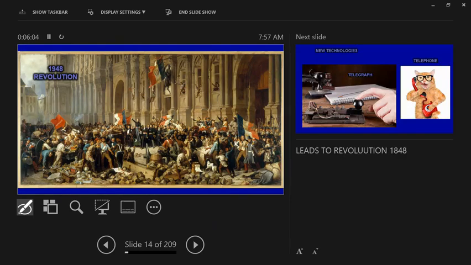Also, we have lots of revolutions. We talked about the French Revolution of 1793. We talked about the French Revolution of 1830, and there was another French Revolution in 1848. But there's also more revolutions elsewhere. The Industrial Revolution is a huge change in Europe as well.